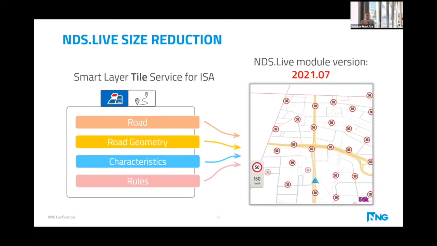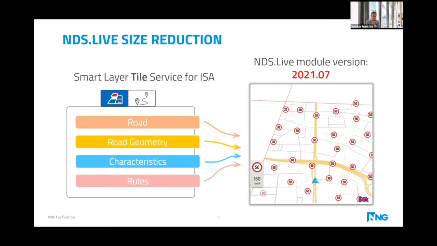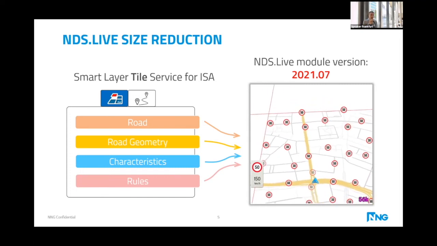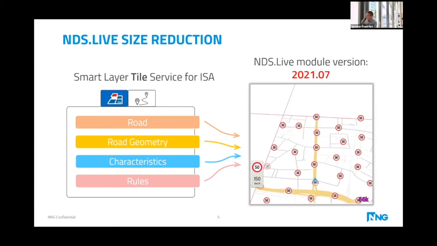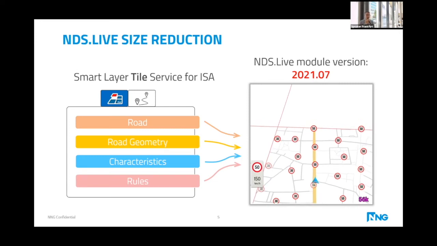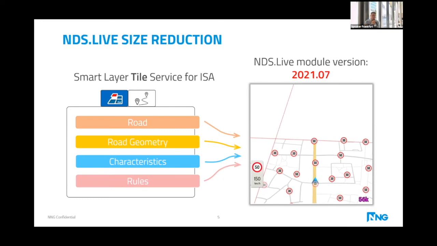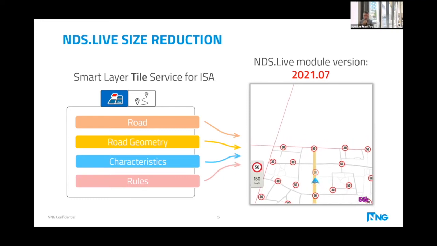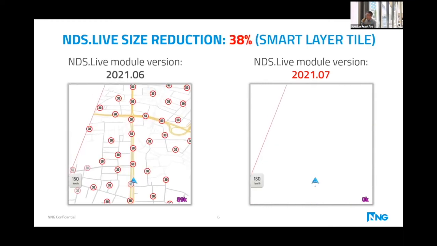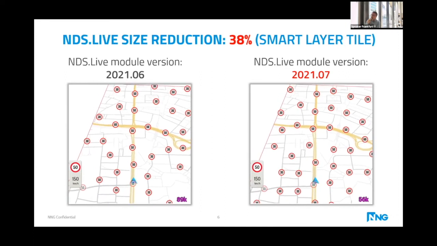We didn't change anything in the service, we just migrated to the new NDS.Live version. And then we immediately saw that, wow, the data consumption is significantly lower. That's great. But let's see it in a comparison. On the left-hand side, you can see the older NDS.Live module version.